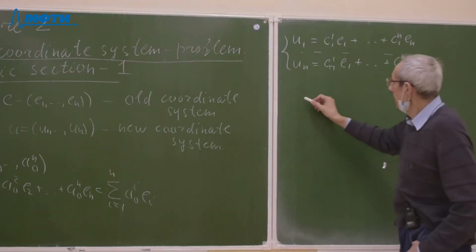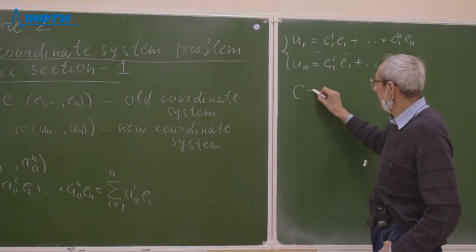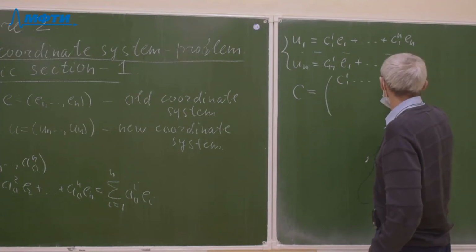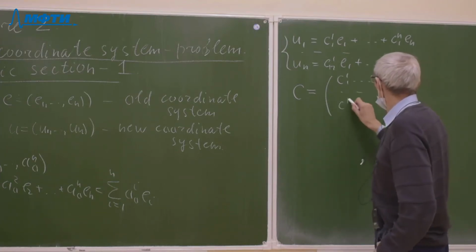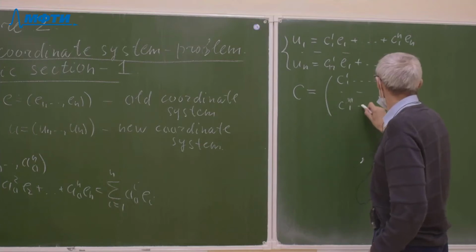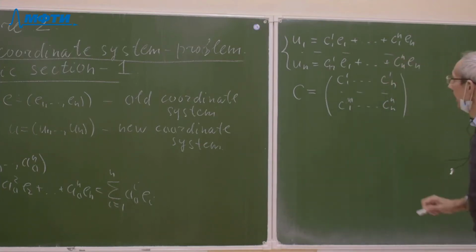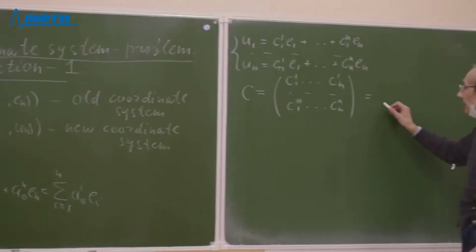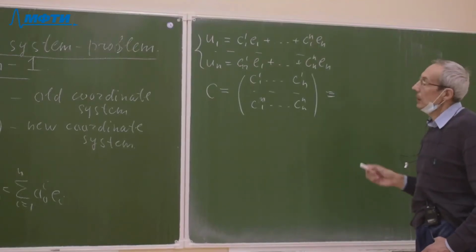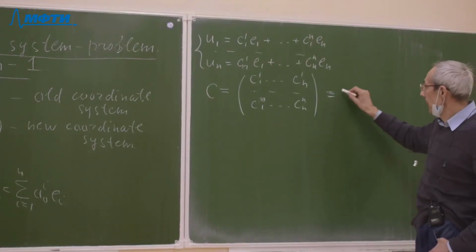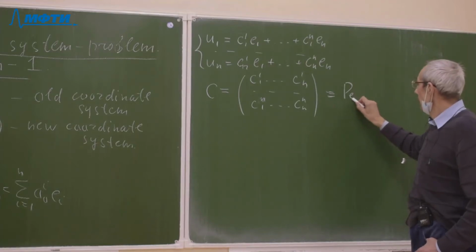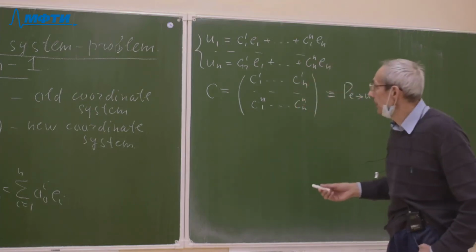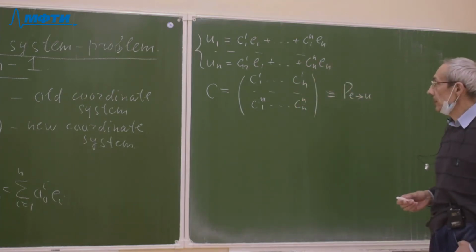We also introduce the matrix C, which is equal to this matrix. This matrix is called the transition matrix, and we also denote this matrix by the transition from E to U, the matrix of transition from the old basis to the new basis.